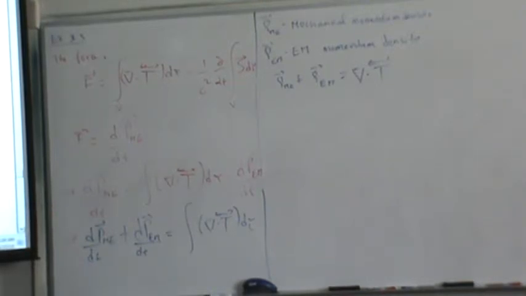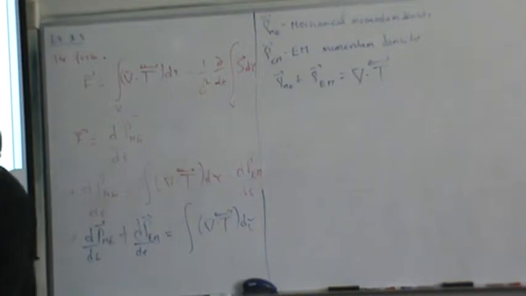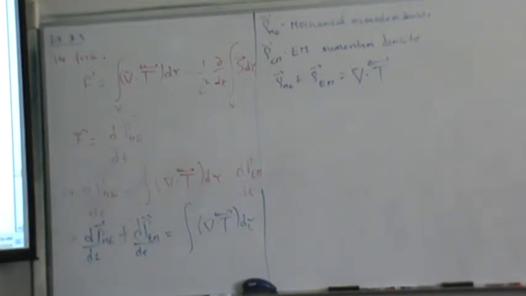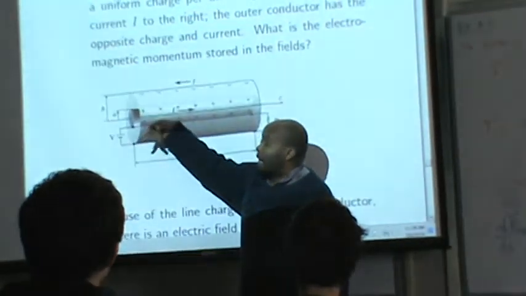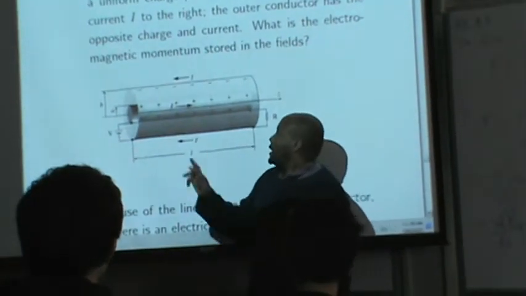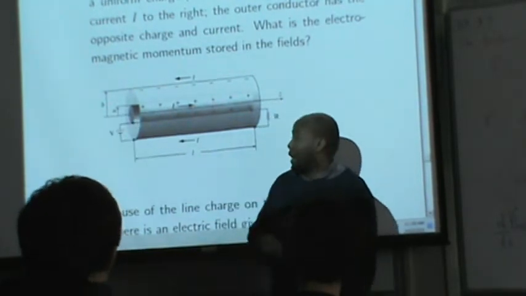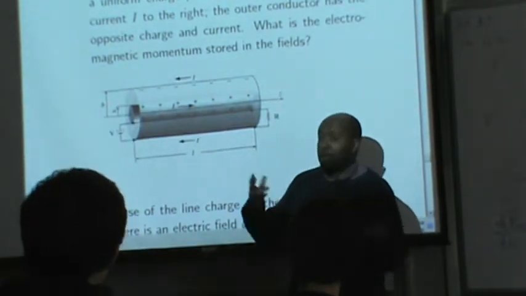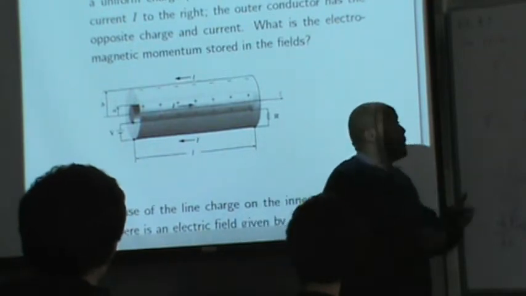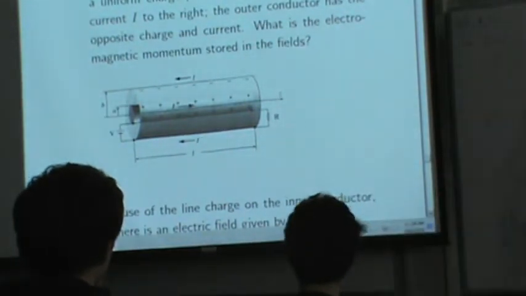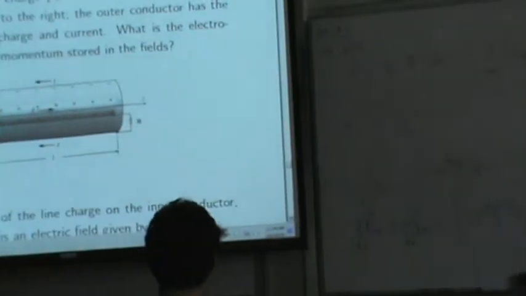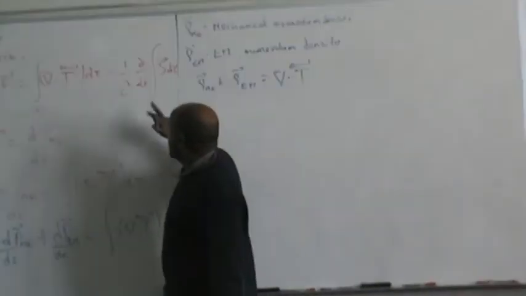It's connected to a battery and also to a resistor. Because of the battery there is a flow of current, and because of that current you would have a magnetic field, and because of the charges residing on the surface you would have an electric field. So with electric field and magnetic field, you would expect momentum from this relation for the electromagnetic field.